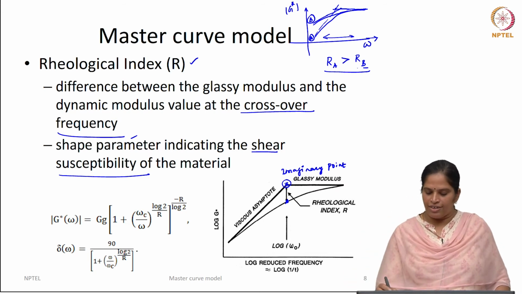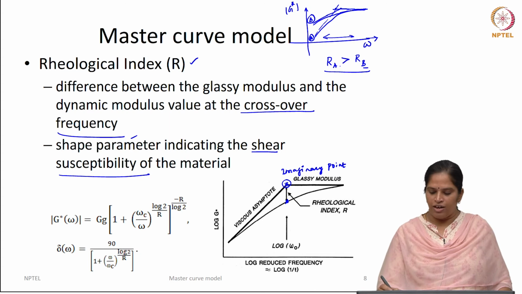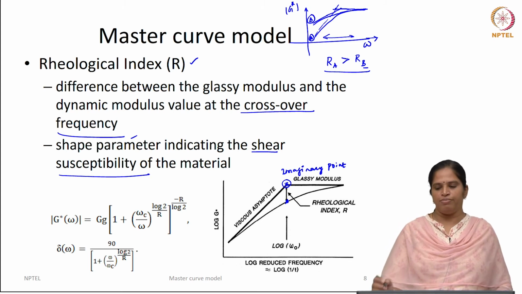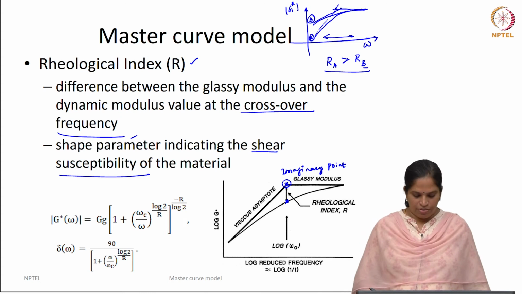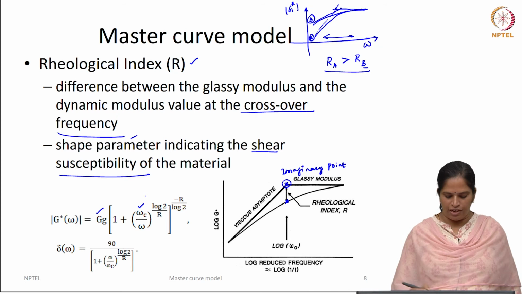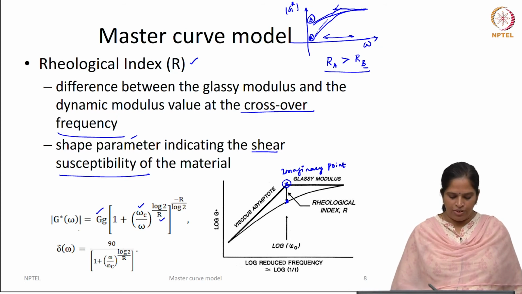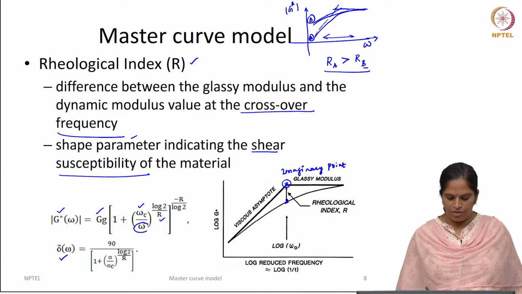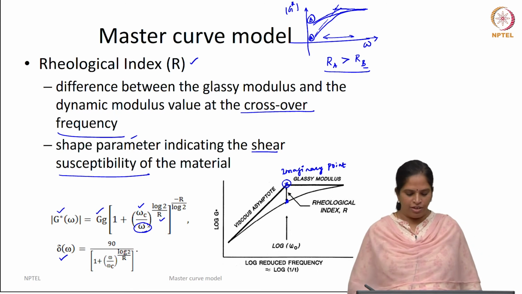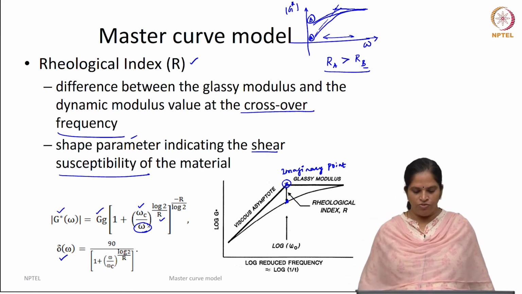So here, in this figure, we can say binder B is more shear resistant compared to binder A. Knowing these three values, the glassy modulus, omega c and the R value, you can predict the dynamic modulus and phase angle over a wide range of frequency. So this CA model is used in SHRP performance grading for a binder.